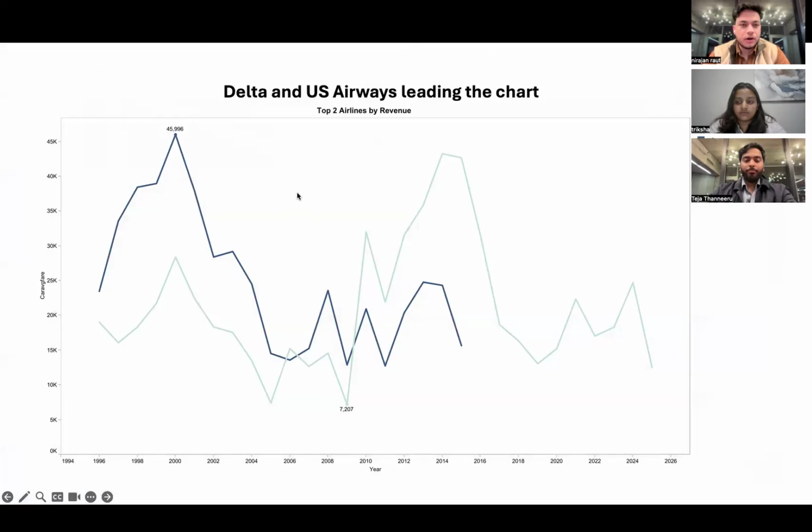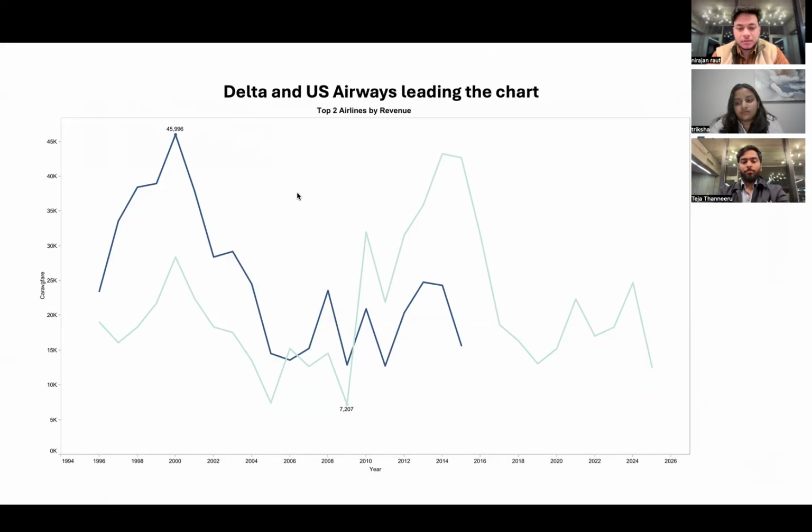All right, for the final but not the least chart, we took data for two of the leading airlines, Delta and US Airways. We can see that the lines of these airlines move almost in sync with the overall market. They drop during the crisis and quickly rebound afterward.